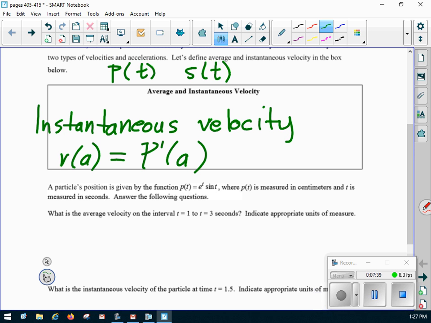You take the derivative of the position. So is there anything similar to what we saw last week, A-rock and I-rock? It's kind of the same. It's very similar. Yeah, absolutely.